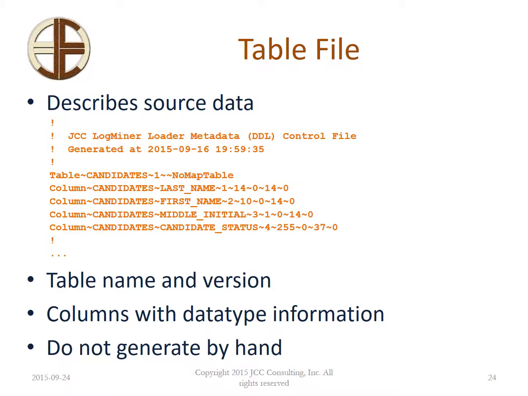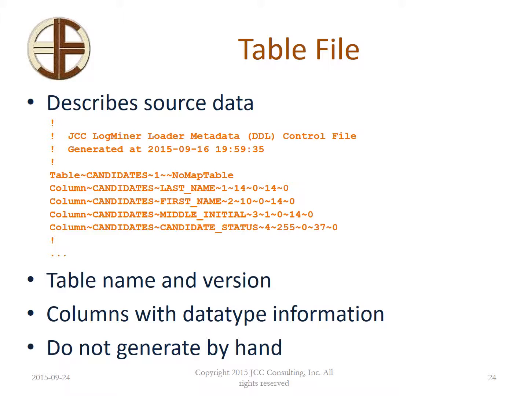The table file describes the source data. It includes the table name, the columns for each of the tables, the ordinal position, the data type, and so on. It would be possible to generate this by hand, but you really don't want to.